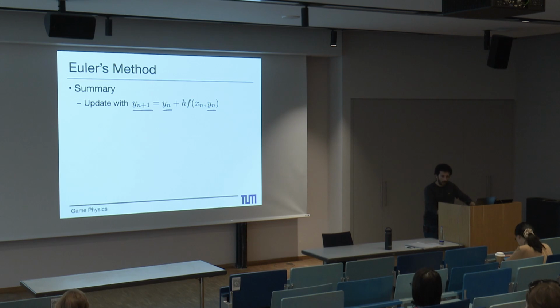The other remark that I want to make here is that we are using only the value of yn. yn is a value of the function that we know, because we have already calculated the value at this moment, or our approximation of it at least, and then we calculate the next one based on that.